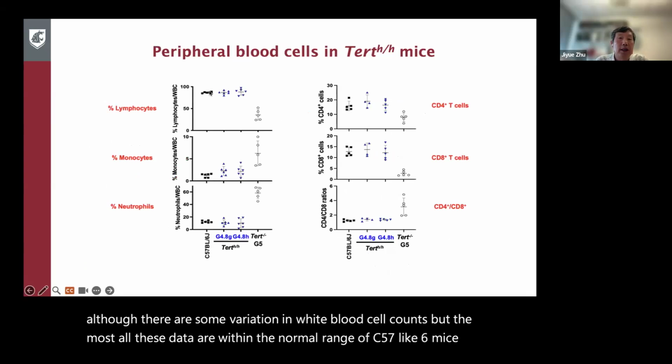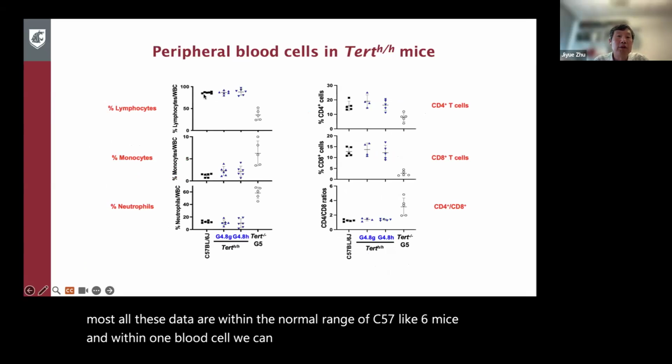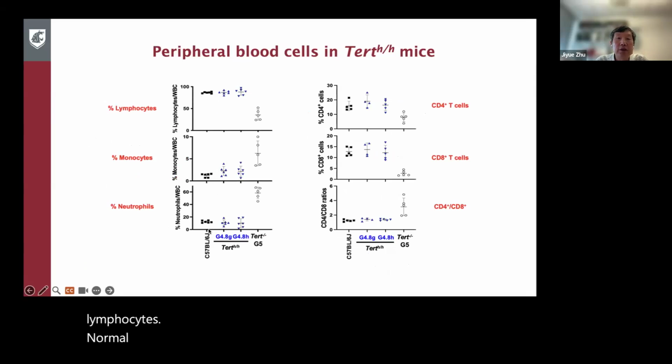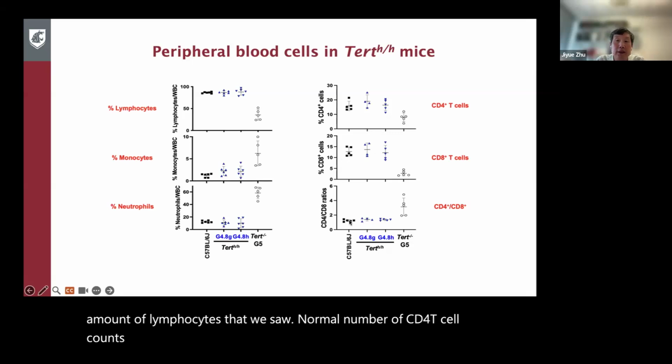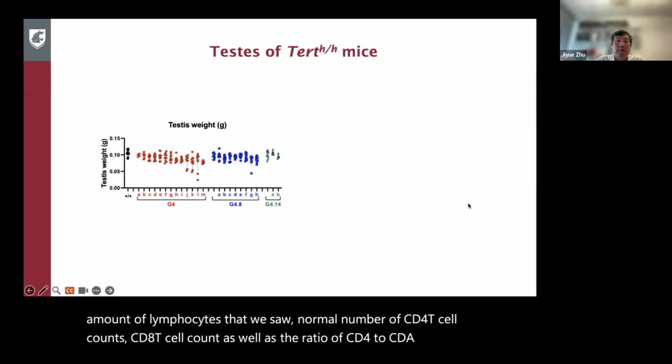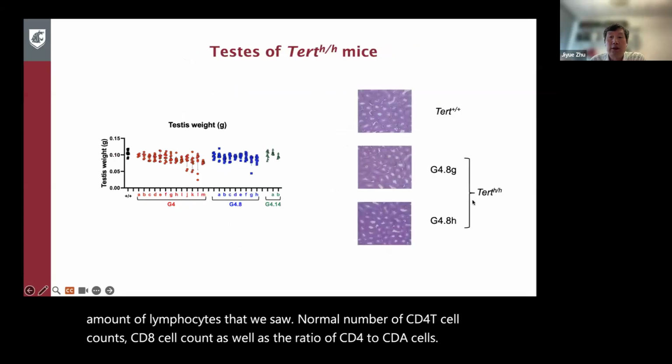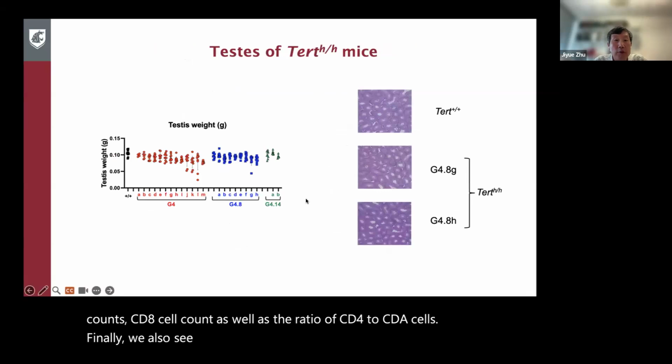Within white blood cells, there are normal numbers of lymphocytes, monocytes, and neutrophils, as well as, among lymphocytes, normal CD4 T cell counts, CD8 T cell counts, and ratio of CD4 to CD8 cells. Finally, we also see that the testes are normal, both in weight and structure.